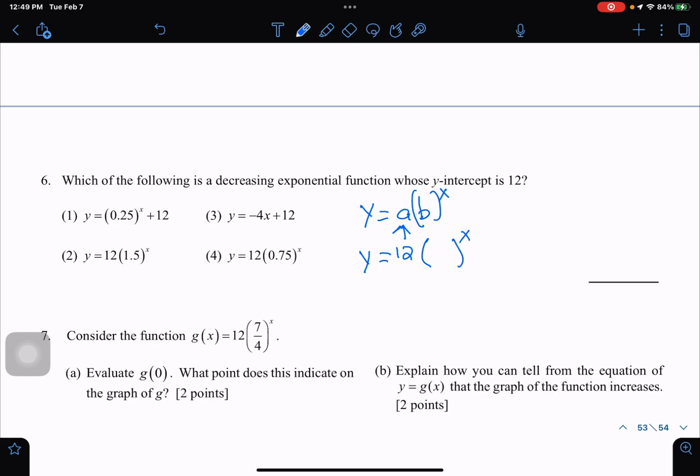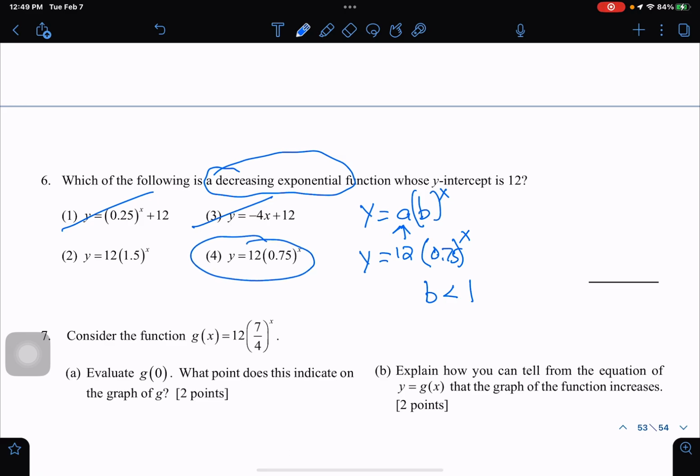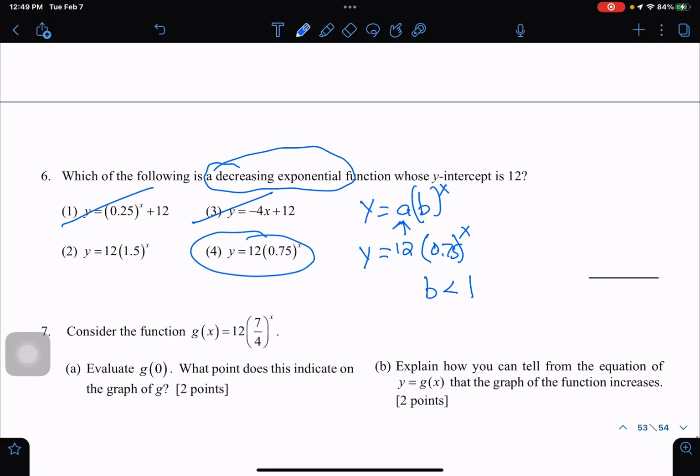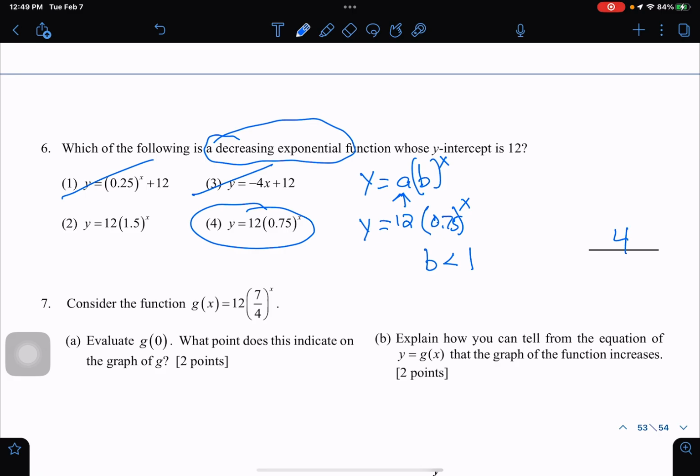So 12 is in 1 and 2 and 4. So we could eliminate 1 and 3. Now, it says the exponential is decreasing. Decreasing means that this number in here, b, has to be less than 1, either a decimal or a fraction. So the 0.75 fits that. Okay? So that's number 4.